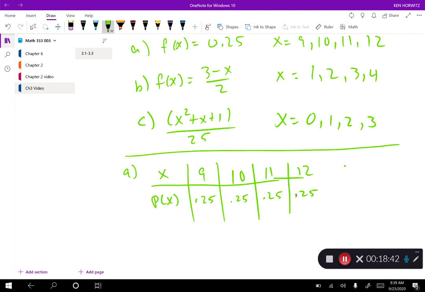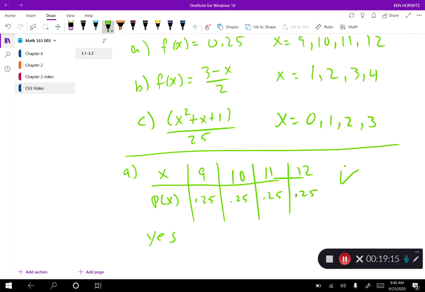Now remember, there were two requirements for a probability distribution. The first is that all the probabilities are positive, and in this case, that is true. The second is all the probabilities add up to 1. Those are the two requirements for a probability distribution function. And in this case, A fulfills both requirements, so yes, it is a probability distribution function.